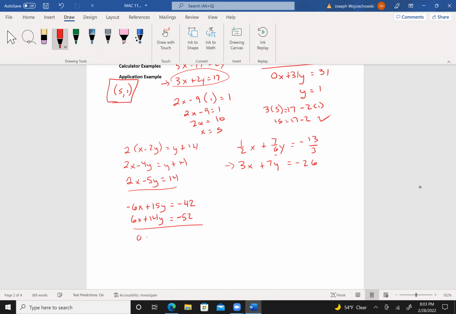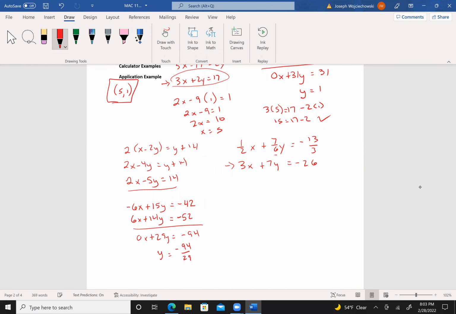So now I have 0x plus 29y equals -94. If I divide, I don't think that works out pretty. It does not. So y equals negative 94 over 29.